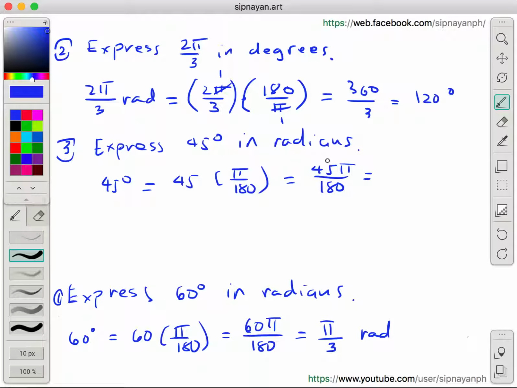Both are divisible by 45, so 45 divided by 45 is 1, times pi is pi, and then 180 divided by 45 is 4. So this is pi over 4 radians.